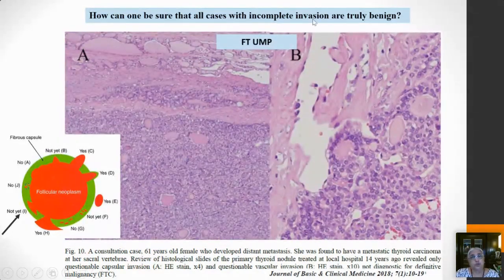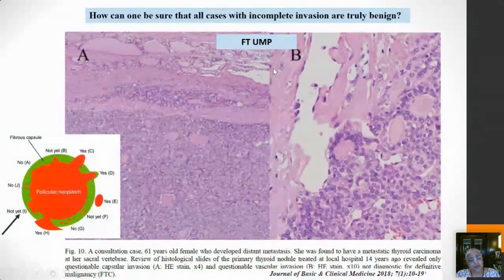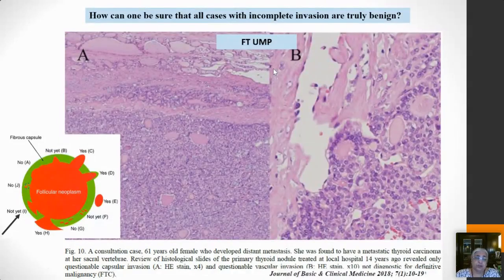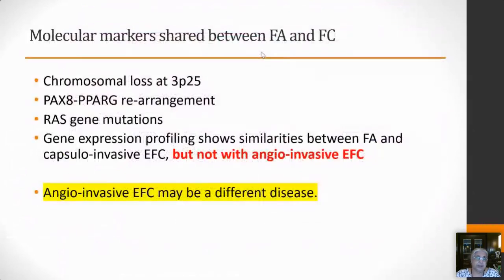And these tumors in the new WHO 2017 classification are called follicular tumors of uncertain malignant potential. And I think it makes sense to use this terminology because you don't want to use the term invasive, because you're not sure whether this is invasion, and you don't know whether these tumors are going to behave in a benign fashion in that they will not metastasize. So you use this uncertain malignant potential.